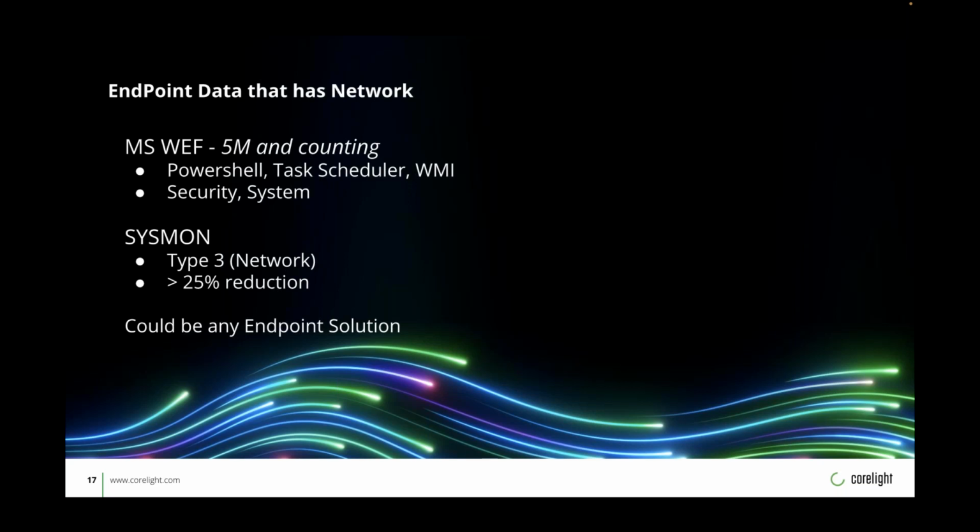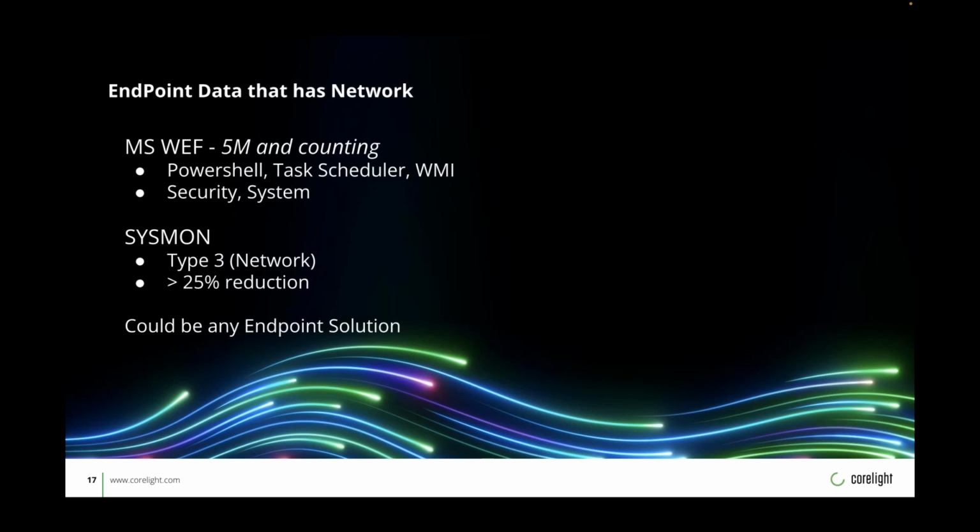So outputs from PowerShell, Task Scheduler, Windows instrumentation, security logs, system logs, all kinds of stuff coming through from there. With Sysmon, we actually focused just on the type 3 alerts, that's network. That reduced the Sysmon logging by about 25%, but still all of that was flowing into Cribl along with the Corelight data for everything that was happening on the network.